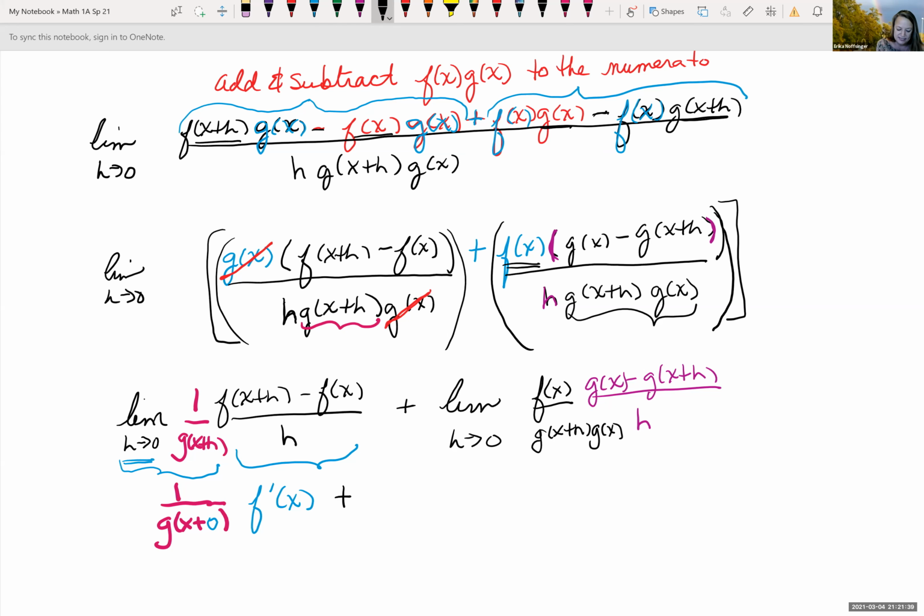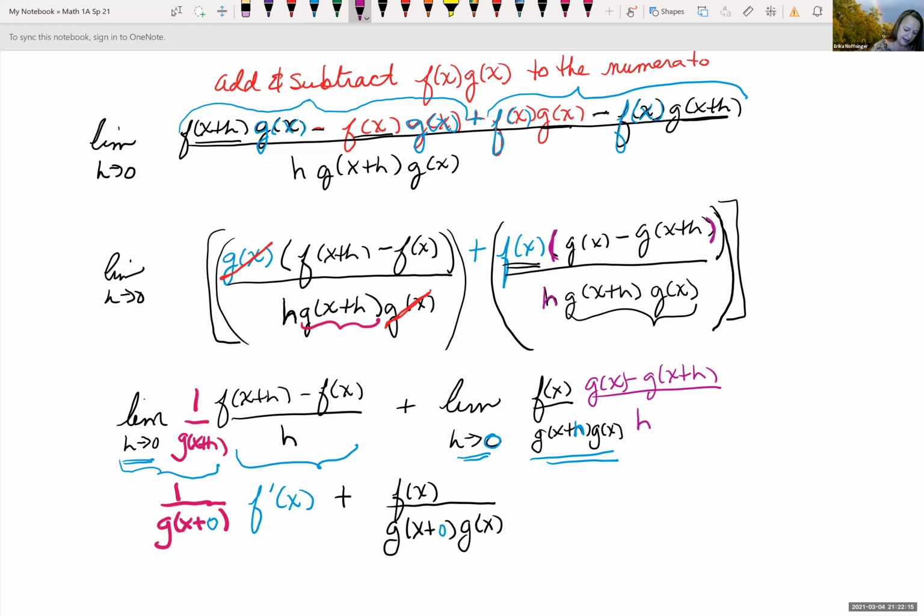okay, so same idea. I'm going to look at the limit of the first fraction, and I'm going to plug in a 0 wherever I see an h. And so if I do that, I'm left with my numerator, which is just f of x, all over g of x plus 0 times g of x. And then times the limit of the second fraction.